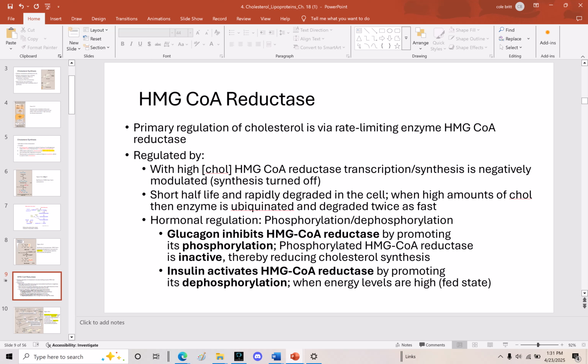So essentially, let's say this is HMG-CoA reductase. This is the enzyme, HMG-CoA reductase. And essentially, when you ubiquitinate something, you tag it with this ubiquitin molecule, and that ubiquitin is recognized by a proteasome.